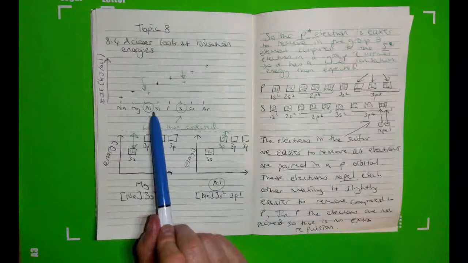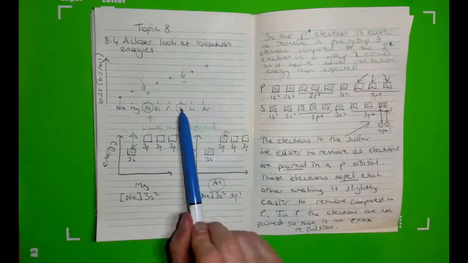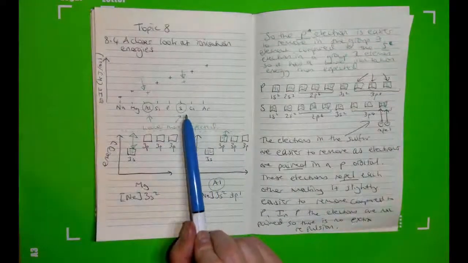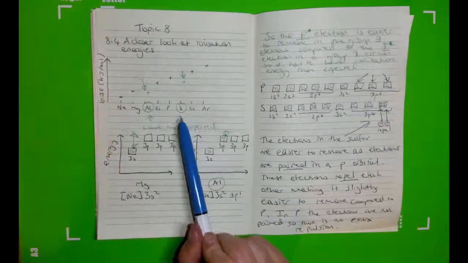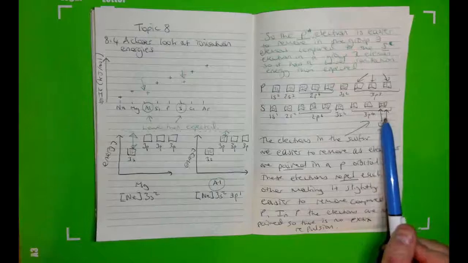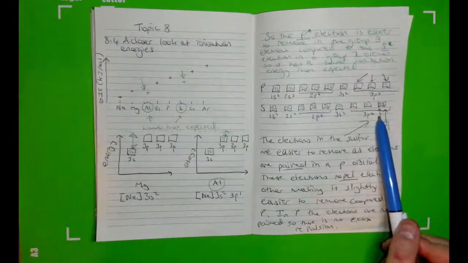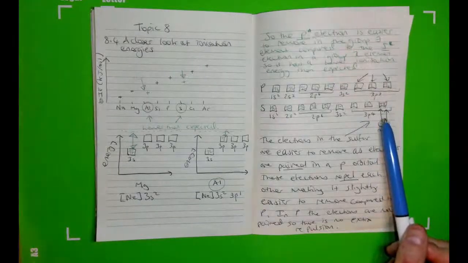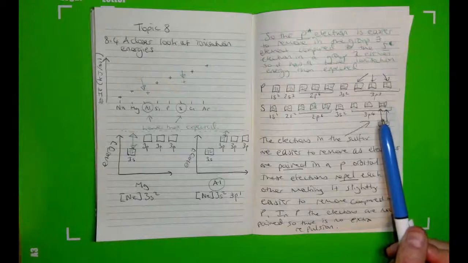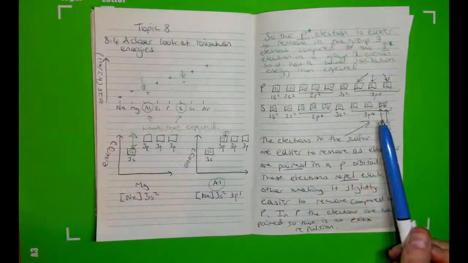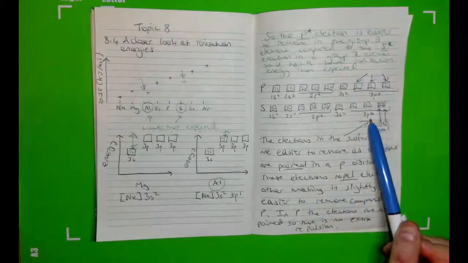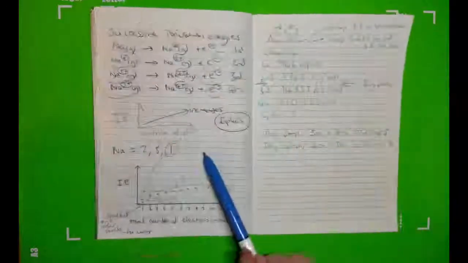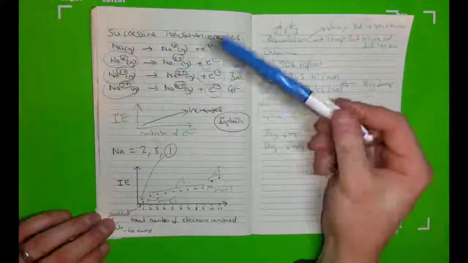The next anomaly is at group 6. So we see a slight drop in ionisation energy in group 6. And that's to do with a paired electron here in a p orbital. Remember, if we've got a paired electron, there's extra repulsion between those two electrons in the same orbital, just making it a little bit easier to remove. Then we looked at successive ionisation energies.